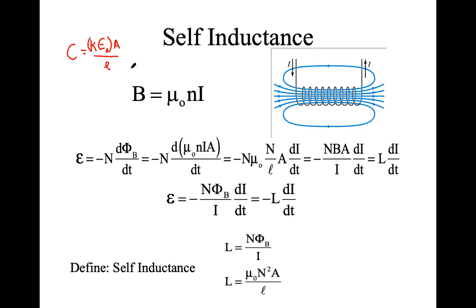And so the capacitance, the ability to store charge in a capacitor, was a function only of physical constants and dimensions of the capacitor. Then the next circuit element we talked about was a resistor. It also had a constant in nature, the resistivity of a particular material. It had a dimension and a cross-sectional area, the length of the resistor and the cross-sectional area of the resistor. Again, resistance is only a function of a physical constant, the resistivity, and some dimensions of the material.